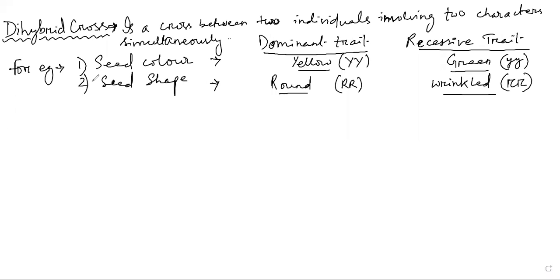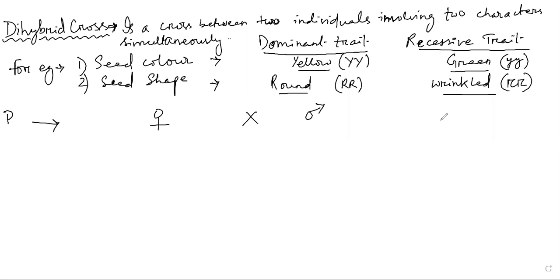So please don't disturb. Now next what has to be done? P will be written, which stands for the parents. Similarly, like the monohybrid cross you did, you will do the same thing. This is the female parent crossed with the male parent. We have taken two characters simultaneously. How to write here is the very important thing. Always we start with the dominant one.